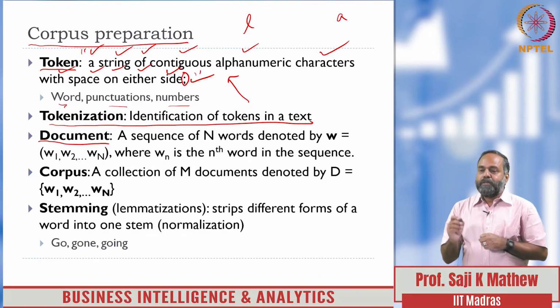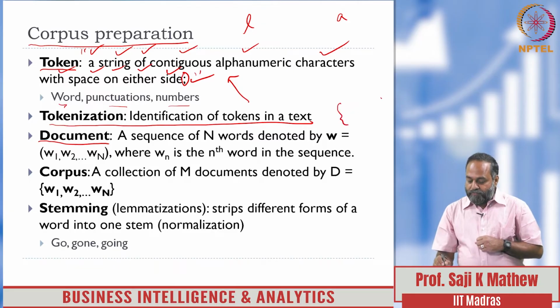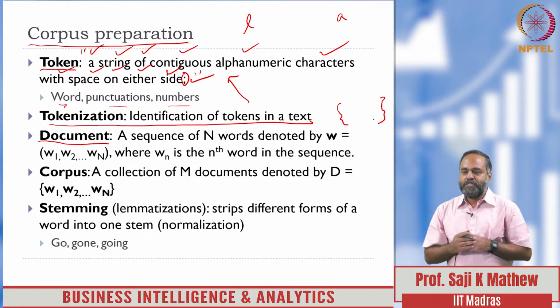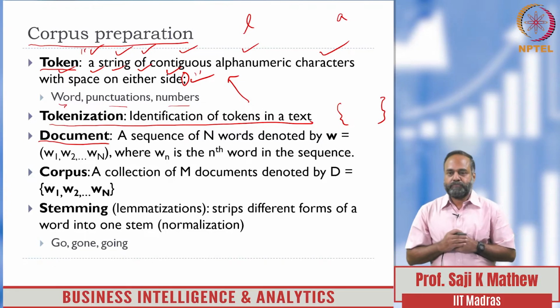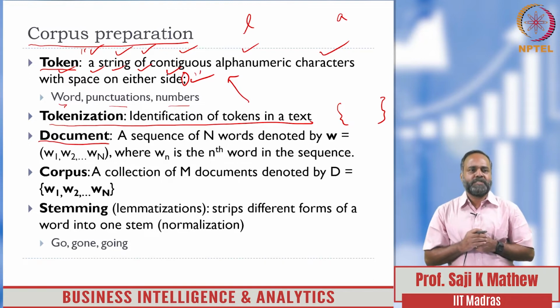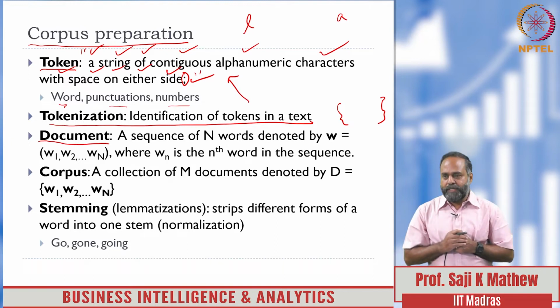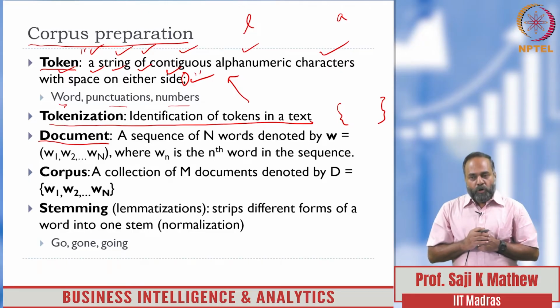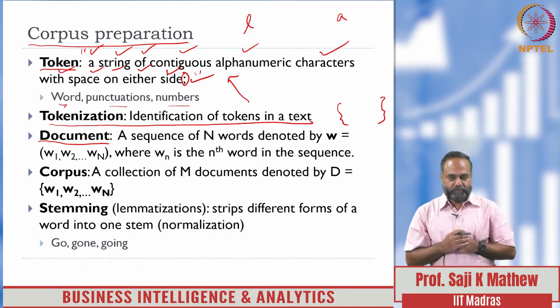So a document consists of tokens, that is fine, but it has some more meaning than what is described here. What you consider as a document in text mining is a choice of the analyst.